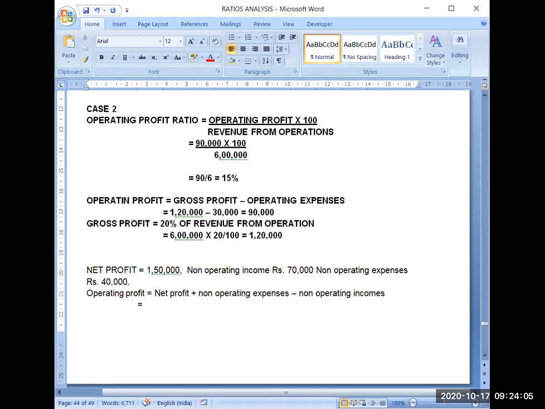Your net profit is suppose given 1,50,000.